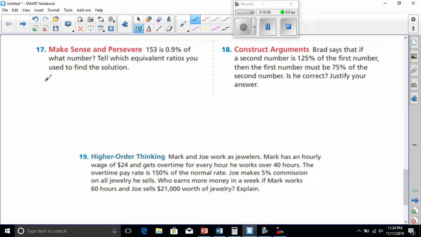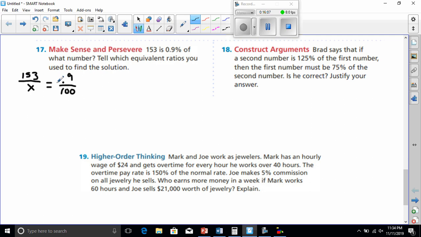Well, I know 0.9% is going to go over 100%. And that has to be equal to, it says 153 is 0.9% of a number. So that means it's not the whole, it's the part. And the whole on the bottom is what we're trying to find out.